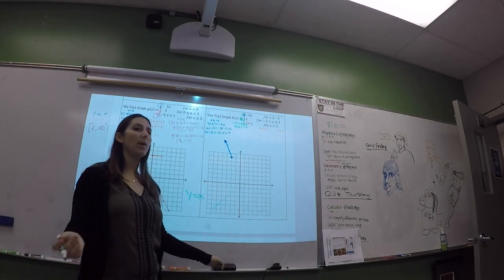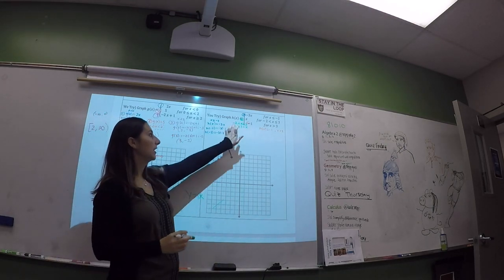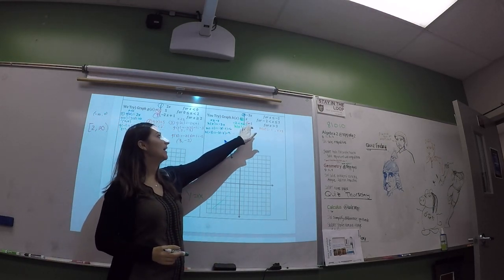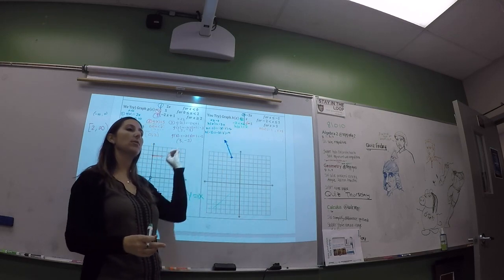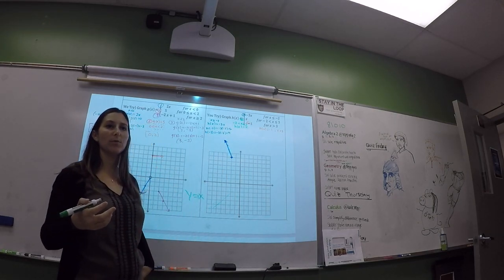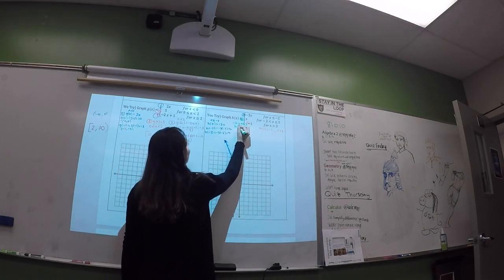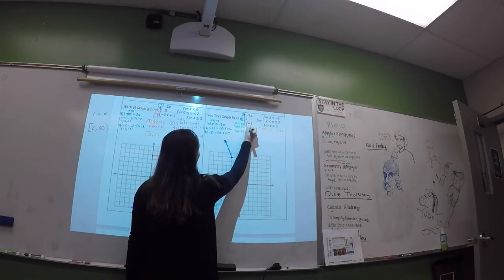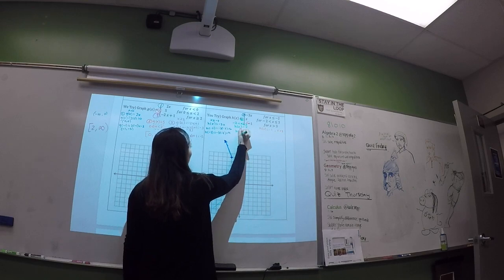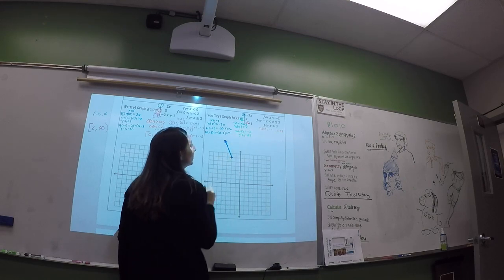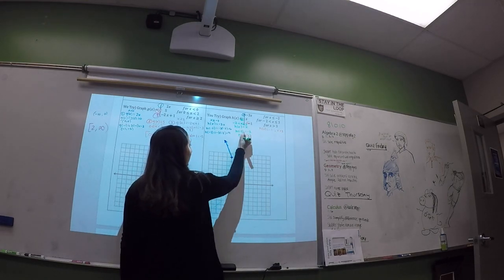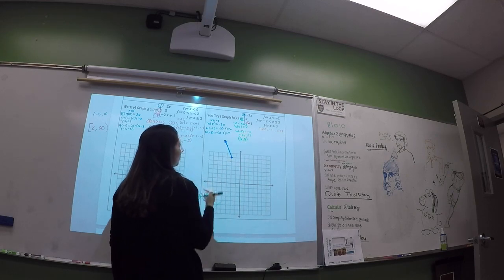So to find out what part of the line, we can take the beginning and the end of the domain and substitute those in for x and see where those are in the y direction. So if you plug in -2, you just get -2. So you have a point at -2, -2. When you plug in 3, you're going to get 3. So you have a point at 3, 3.